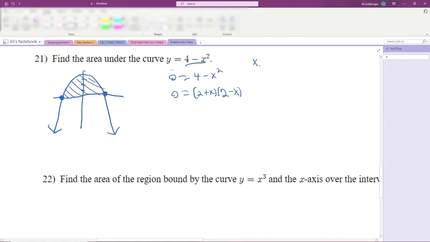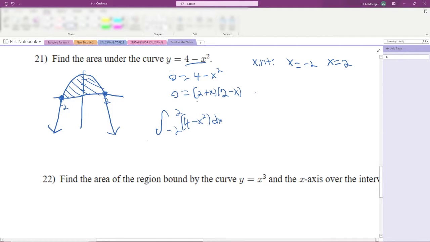So our x-intercepts are x equals -2 and x equals 2. So normally we could just take the integral from -2 to 2 of our function 4 minus x squared dx.